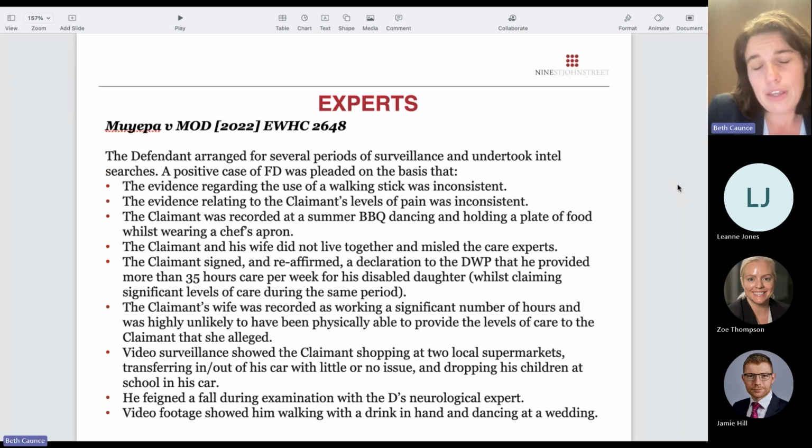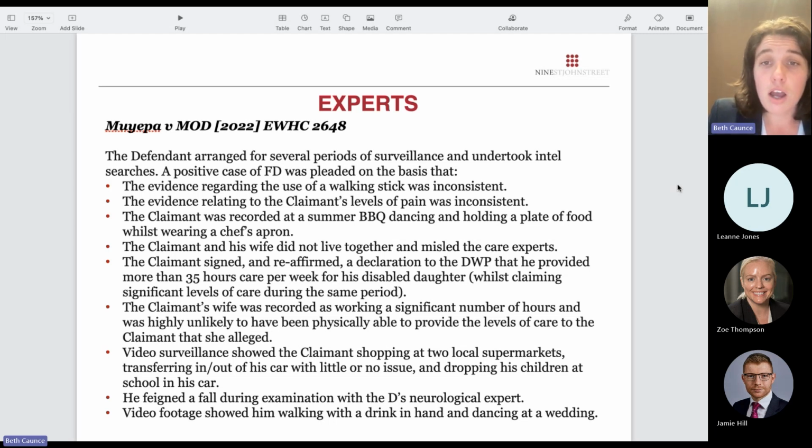The defendant then arranges for several periods of surveillance to be carried out and undertook intelligence searches. They then plead a positive case of FD for various reasons that came out of those investigations.